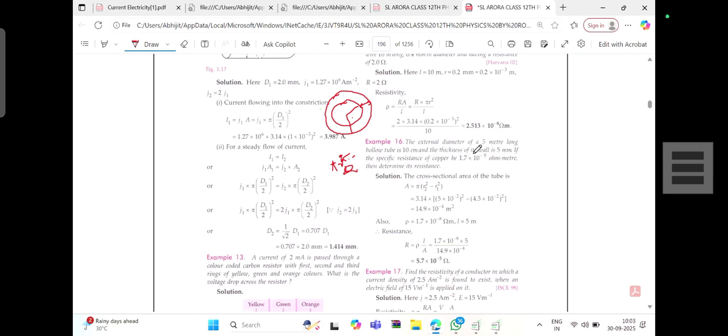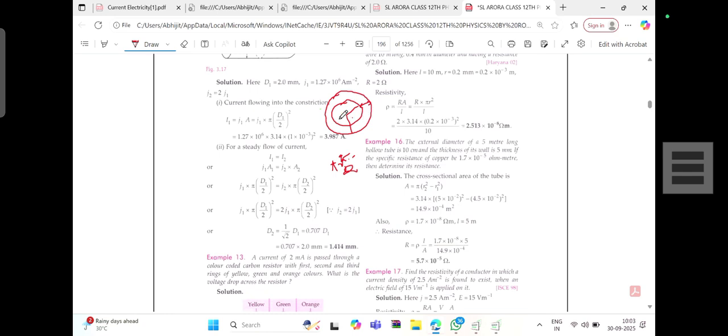The thickness of its wall is given as 5 millimeter.